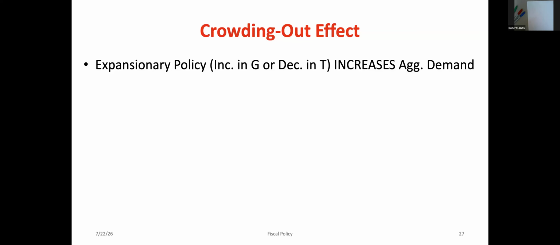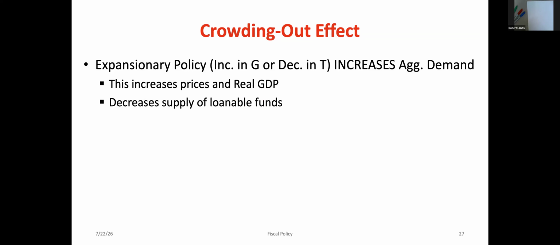So let's say we had a recessionary gap, and we want to engage in expansionary policy. We want to increase current GDP, push it towards long-run levels. So this is either an increase in government spending or a decrease in taxes. If we increase government spending or decrease taxes, that would increase price levels and increase our real GDP. And we just worked through that.